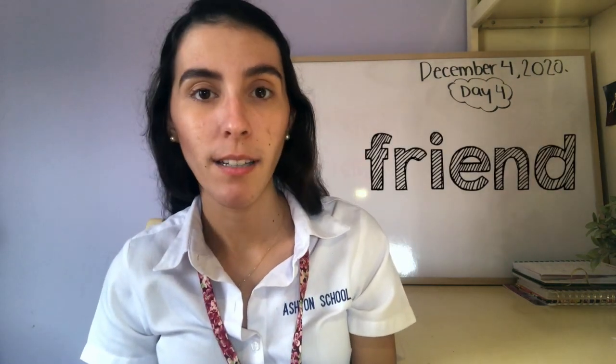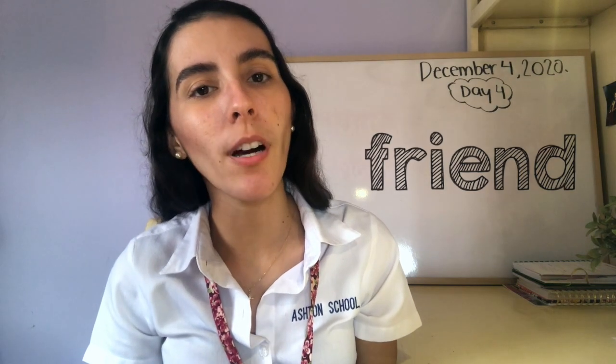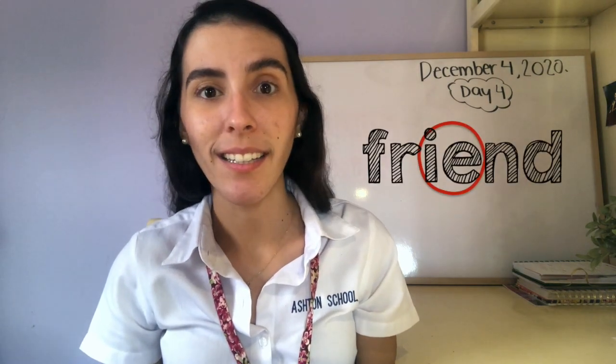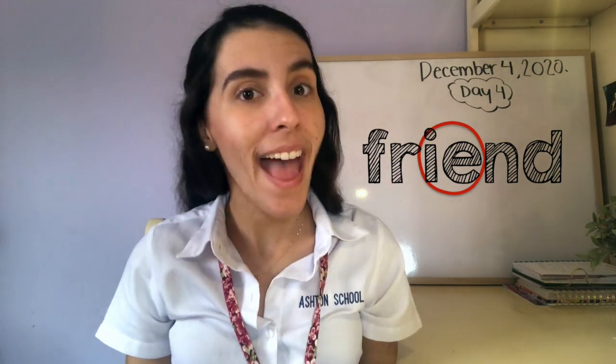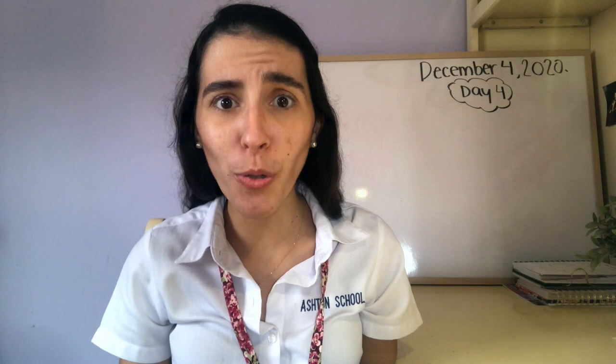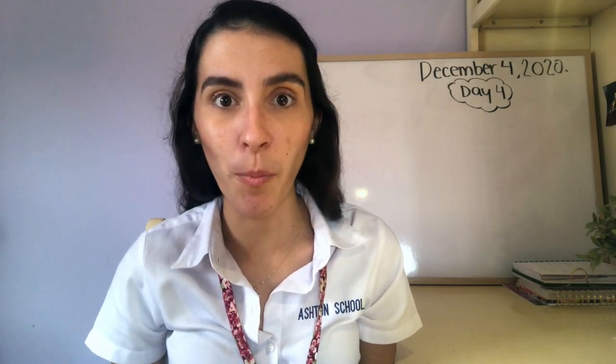For example, in the word friend, I notice that the tricky part is the IE. I think that I should be saying the word friend differently, and it makes it so tricky for me. But when I practice that word over and over, I know I can tackle it and it's not going to be tricky for me anymore.